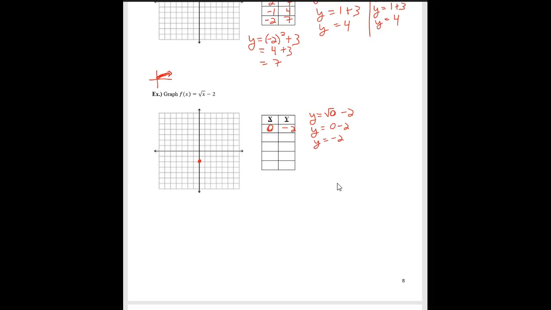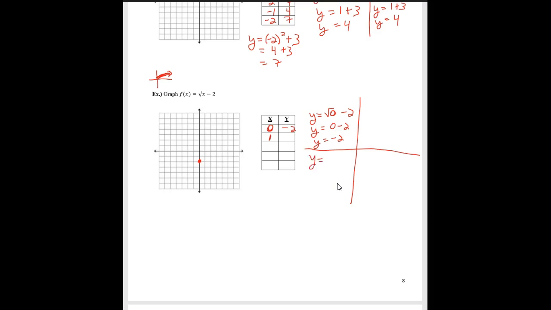Now this is a square root. I can't take the square root of negative numbers, so I'm not going to go in this direction. I can't plug in -1. Square root of -1 is not a real number. So I have to continue on in the positive direction. I'm going to pick 1. Also taking into account that I am taking a square root, so I probably want perfect squares.